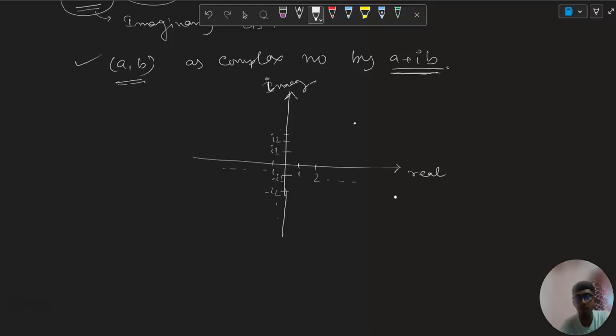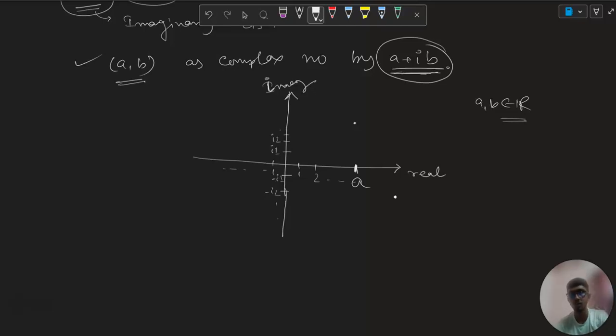Suppose here a comma b. We try to represent a plus iota b in a graphical way, right? So a and b belong to R, so a can be represented on this real line. Suppose this is a, and b is also from R, b is a length. This imaginary line is kind of a real line but in a different direction.